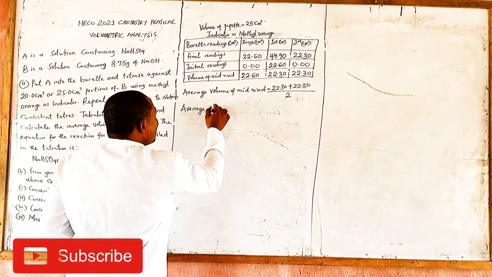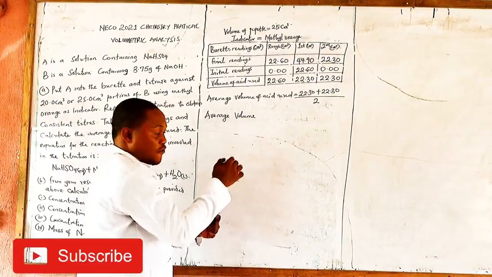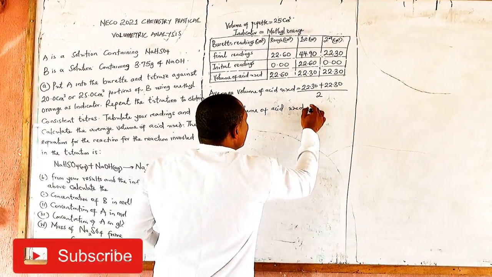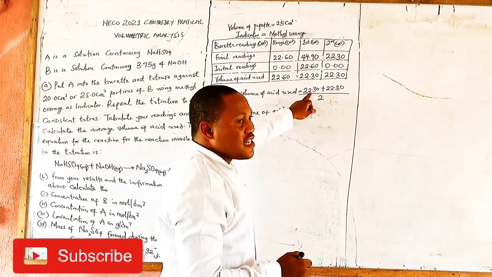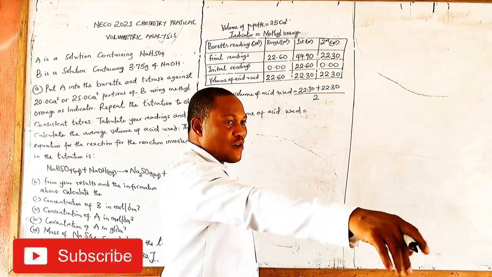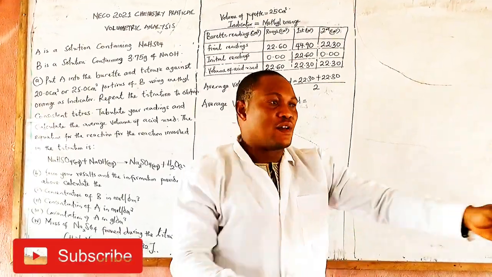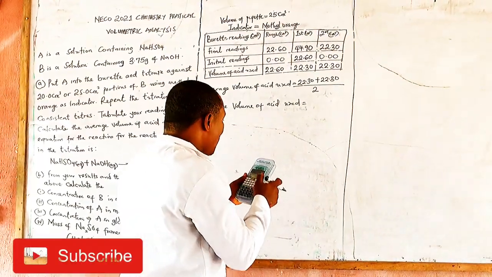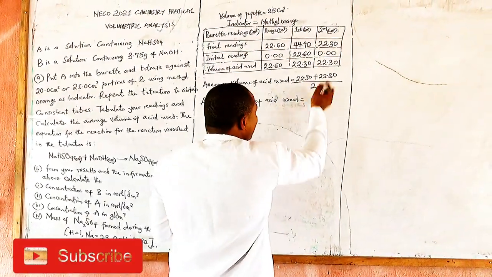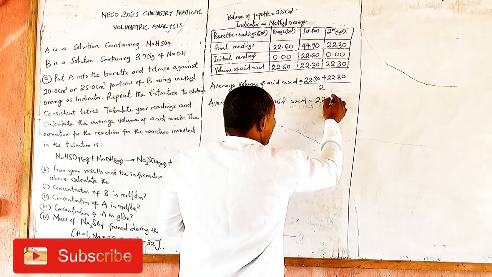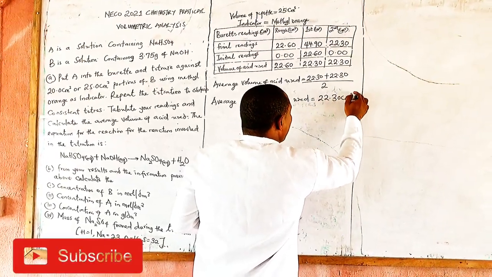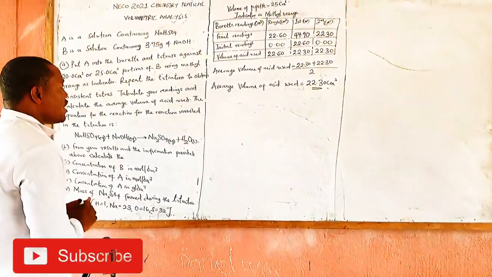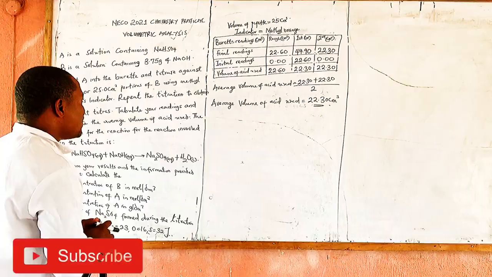Let me have that calculator there. So I will have 22.30 plus 22.30 divided by 2. Definitely, it's going to give us 22.30 centimeter cube. I hope you are following. Average volume of acid used, that's 22.30 centimeter cube.